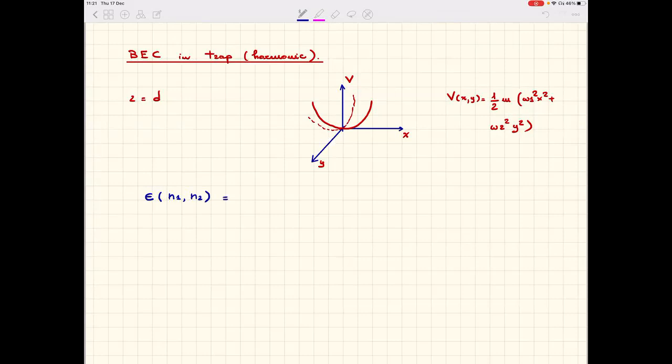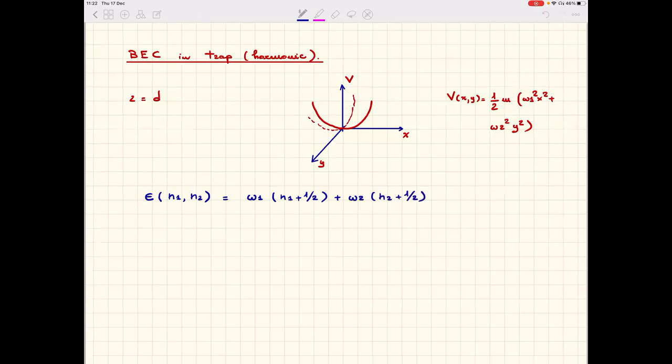And the spectrum is h bar omega, h bar I set equal to 1. So omega 1 n1 plus 1/2 plus omega 2 n2 plus 1/2.